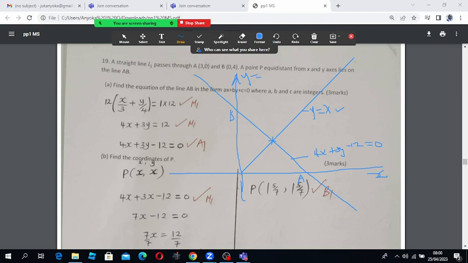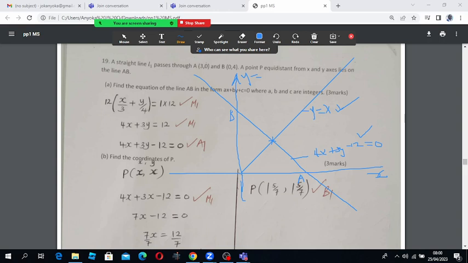These are two linear lines, y equals x and this one. We solve the two equations simultaneously. Substitute the value of x, because already y equals x.